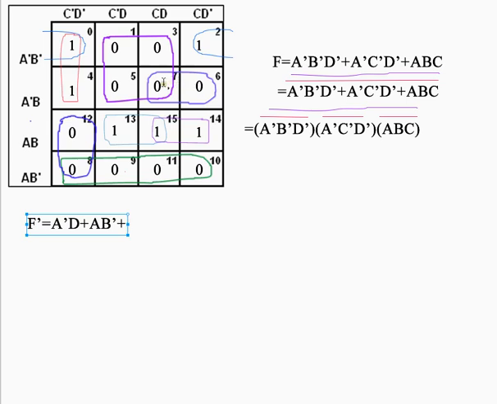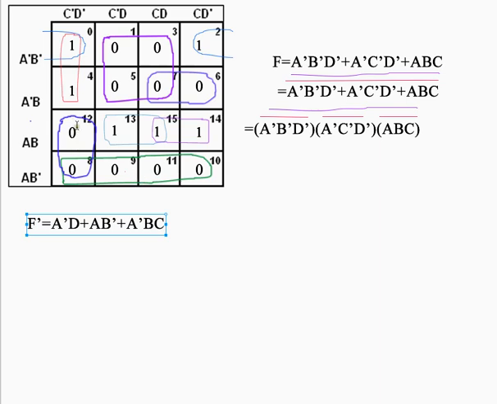Then I need this one, 7 and 6, which is the intersection of this horizontal strip, A naught B, and these two vertical strips, which are basically C. So I have A naught BC.